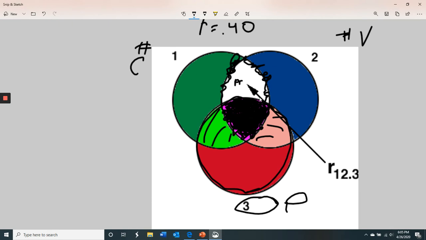In this case, because we found that there was substantial overlap between our two variables and the population of the city, we're going to take this out. Then we're left with this little area right here, a smaller area, and that's the partial correlation. Let's just say, theoretically, the partial correlation is 0.20.